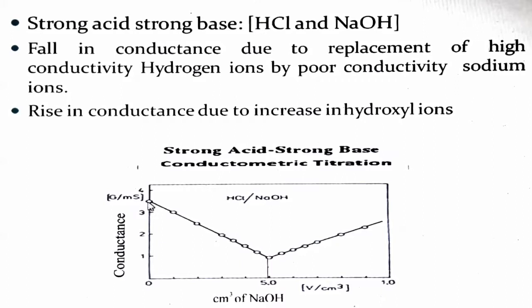Since the mobility of H+ ion is maximum, we can see a steep downfall here, and here also conductance increases due to mobility of OH- ion, but the mobility of OH- ion is not exactly equal to the mobility of H+ ion. So this is the equivalence point where complete neutralization of HCl by NaOH takes place. This is the conductometric titration graph of strong acid versus strong base.